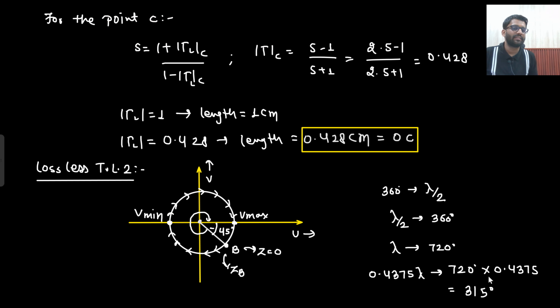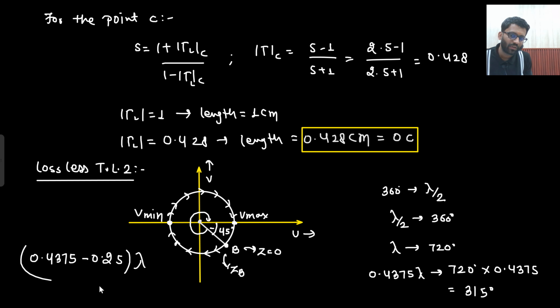So this much angle is 315 degree. You need to work for 315 degree to get your V maxima. They could have mentioned the location of V minima as well. The location of V minima would be 0.4375 minus 0.25. So you would know this angle.